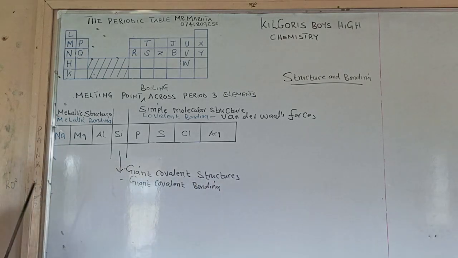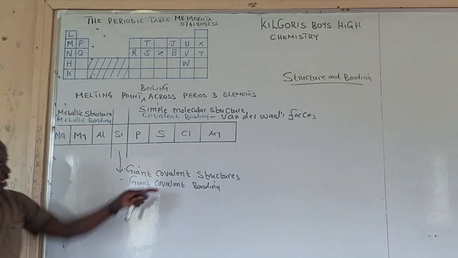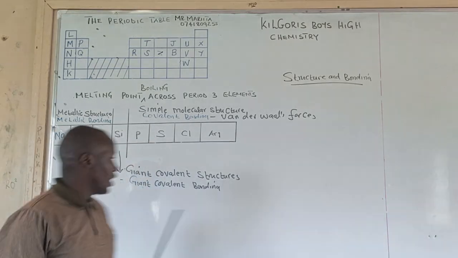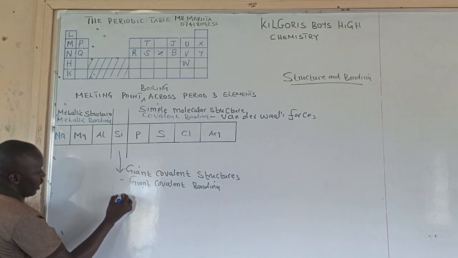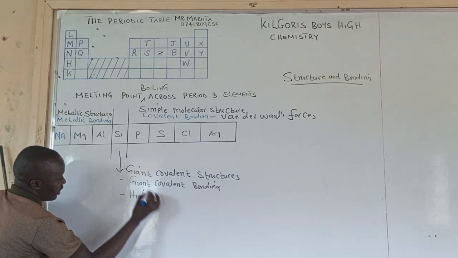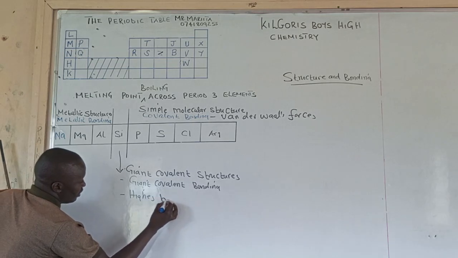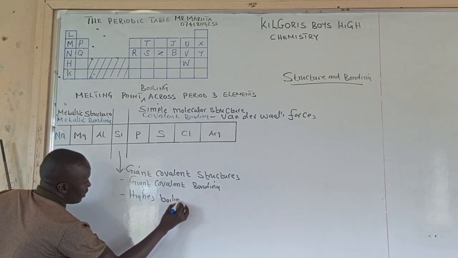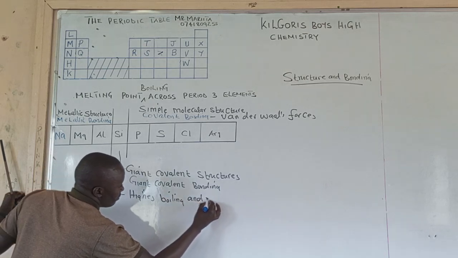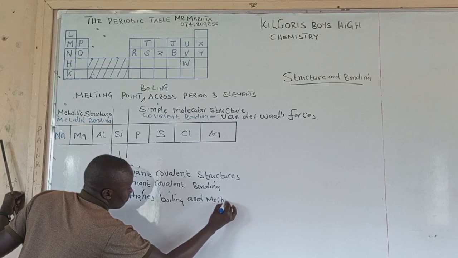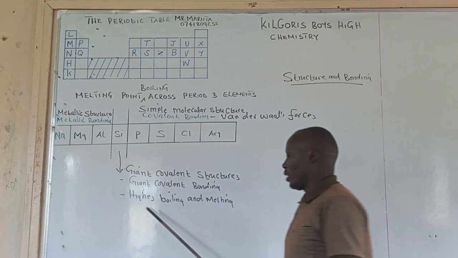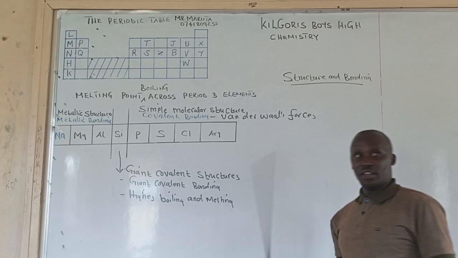You need to know that in giant covalent bonding, the atoms are held together by strong bonds, and therefore silicon has the highest boiling and melting point. The boiling and melting point in silicon is very high.